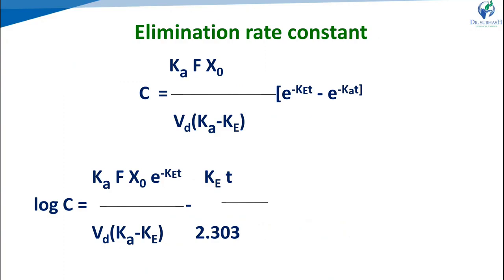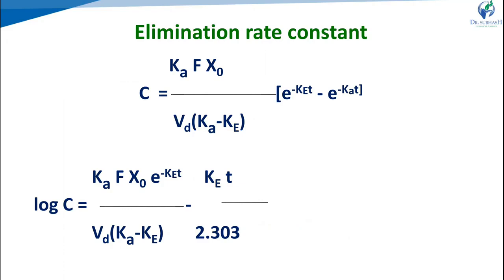Second, we can find out the elimination rate constant. Here, C is equal to the initial equation of the one compartment open model extravascular: C = KaFX0 upon Vd (Ka minus Ke) into e raised to minus Ket minus e raised to minus Kat. But for the drug administered extravascularly, the absorption rate is significantly greater than the elimination rate, so Kat is greater than Ket.